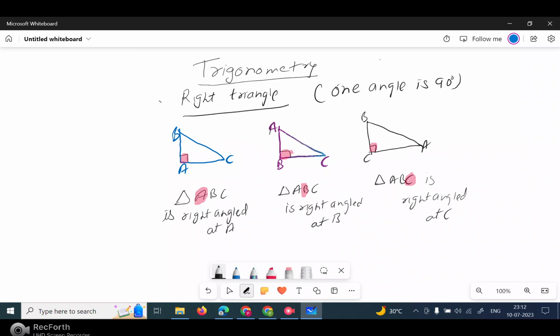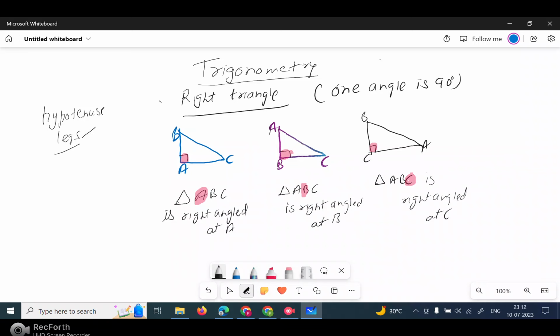So what difference do we have now? In the first one the right angle is at A, and in a right triangle we talk about the hypotenuse, and the other two sides are called the legs of the right triangle.